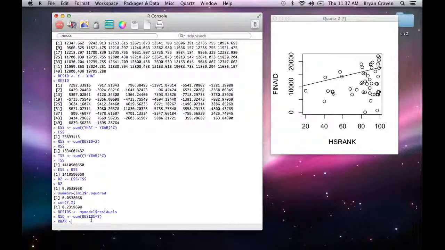We'll call it r bar, and it's going to be 1 minus RSQ divided by 46, which is going to be equivalent to basically the number of our observations minus the number of coefficients, including the intercept, so 50 minus 4, and then we're going to divide that by the total sum of squares divided by 49.